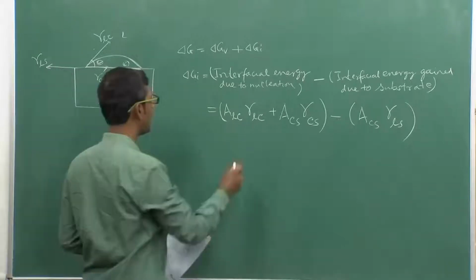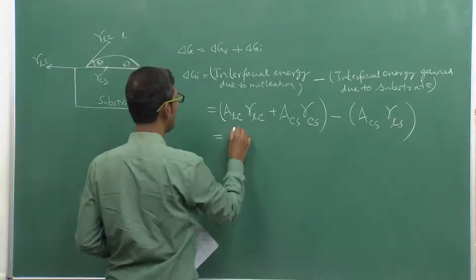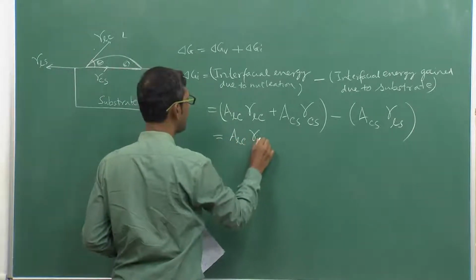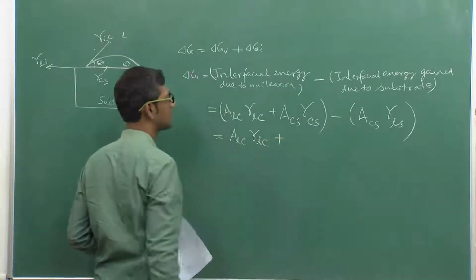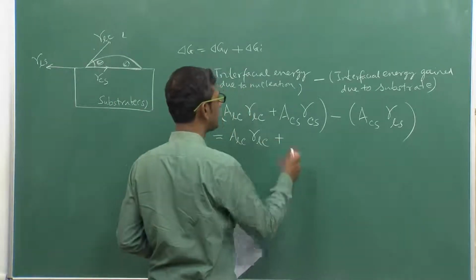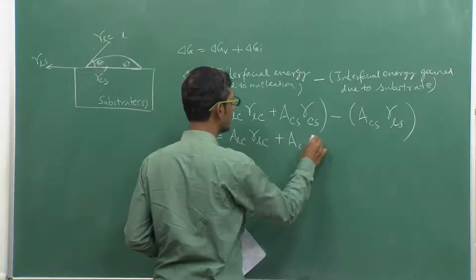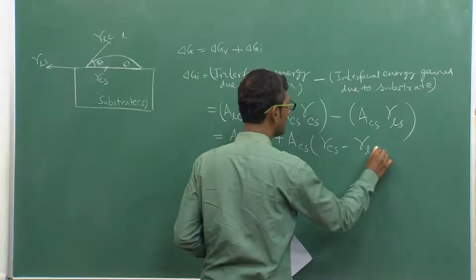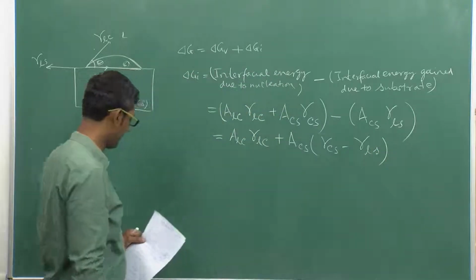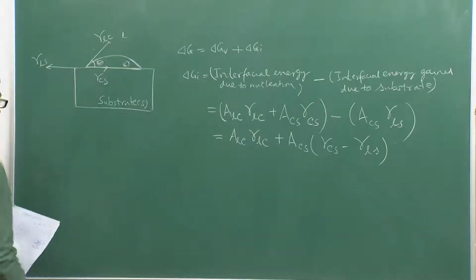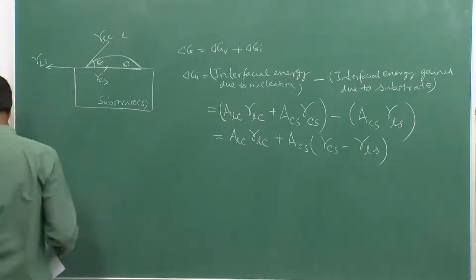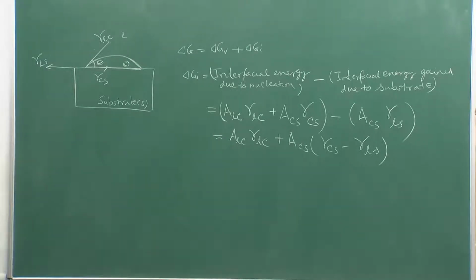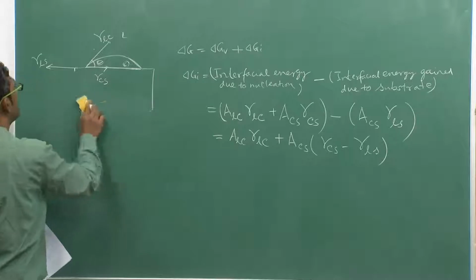Now we can write this very clearly: A_LC gamma_LC plus, as you see here, A_CS is common, so I can take that out, and it becomes gamma_CS minus gamma_LS, right. And we can think of this a little bit differently. I remove this now.